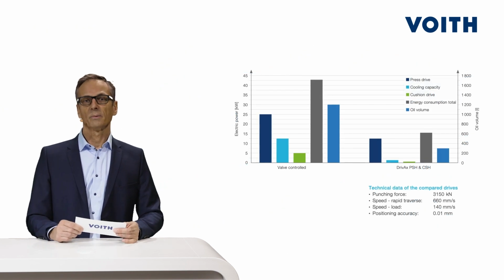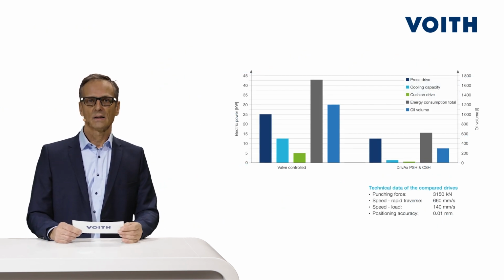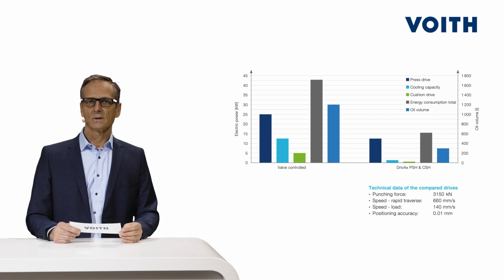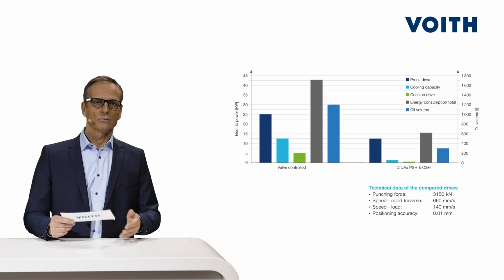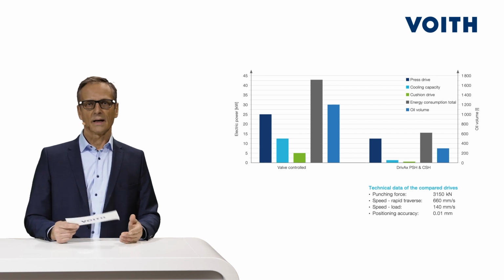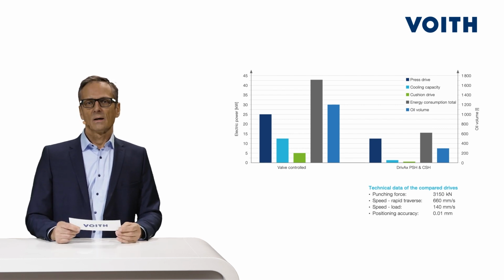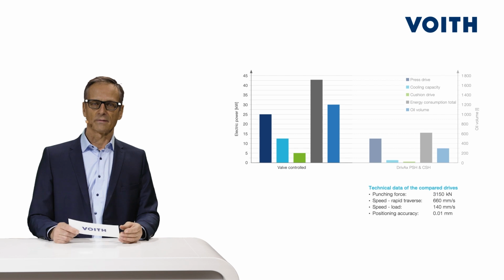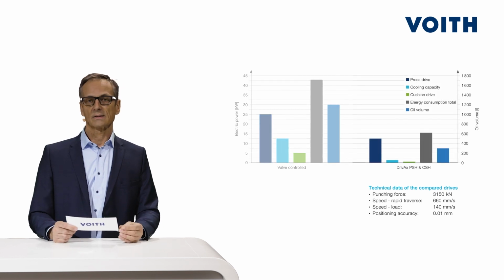Here is the data from a real design for a forming press with drawing cushion. This plant produces components for white goods, such as refrigerators, ovens, and washing machines. The design data for a machine with conventional hydraulics are compared against the results with DrivAx PSH and DrivAx CSH.